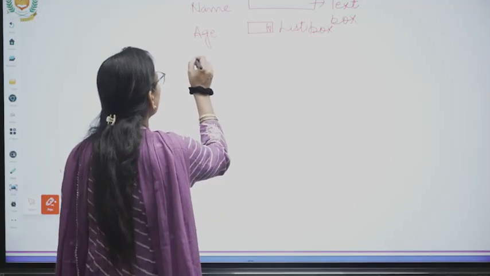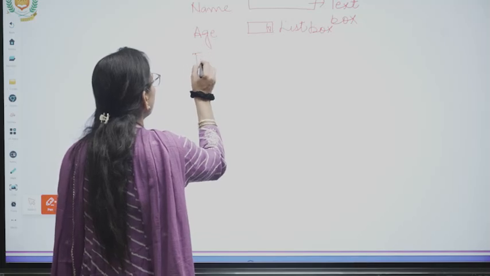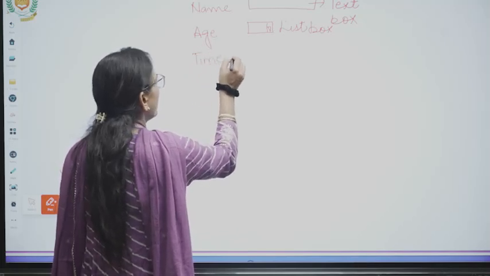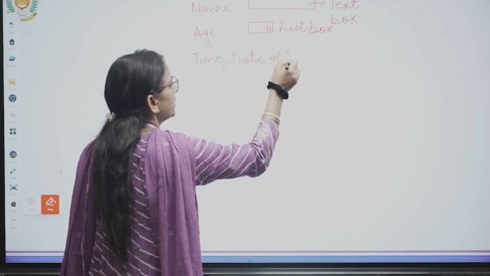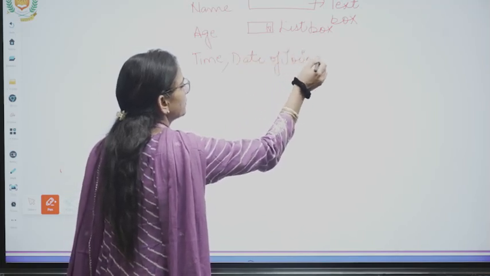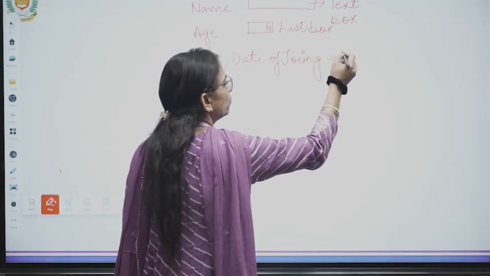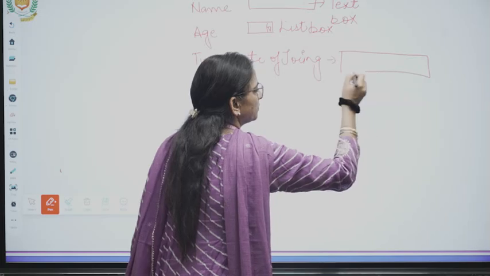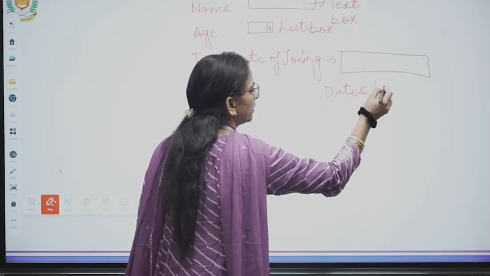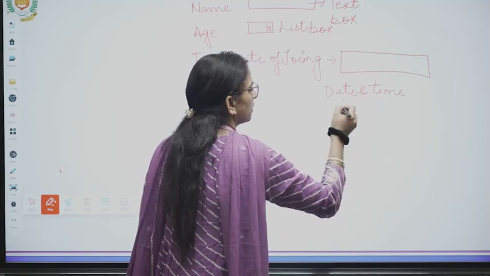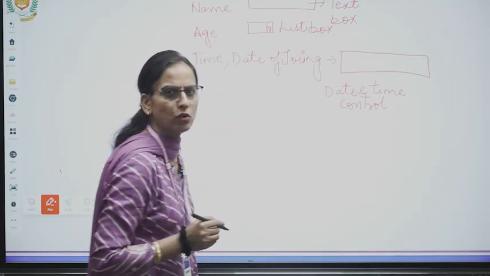Then we have to write the date and time, date of joining basically. Then you have to use date and time control.